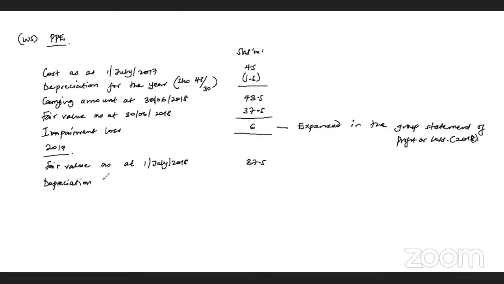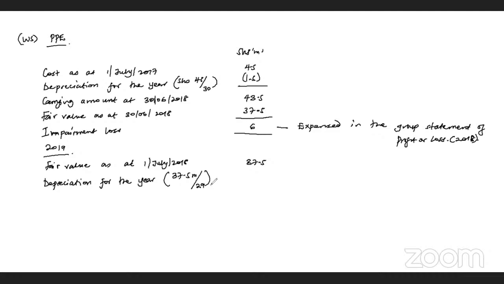So the depreciation for the year will be 37.5 million over how many years? Of course, now 29 years remaining, because it had a life of 30 years. We used it for 1 year, then it was revalued.